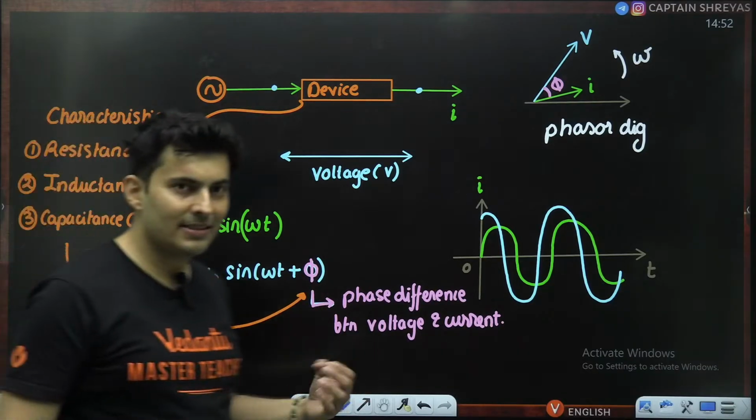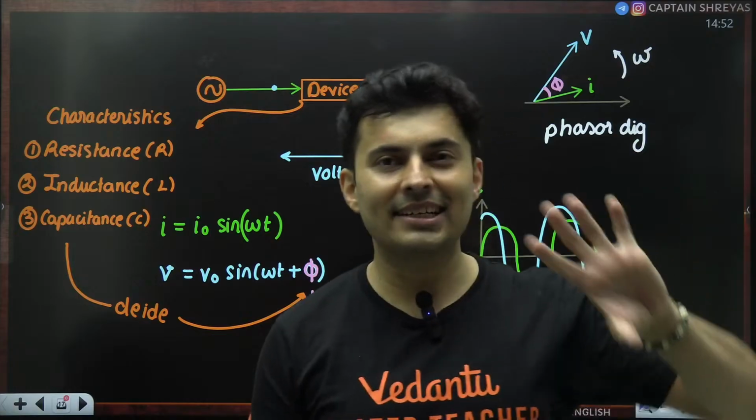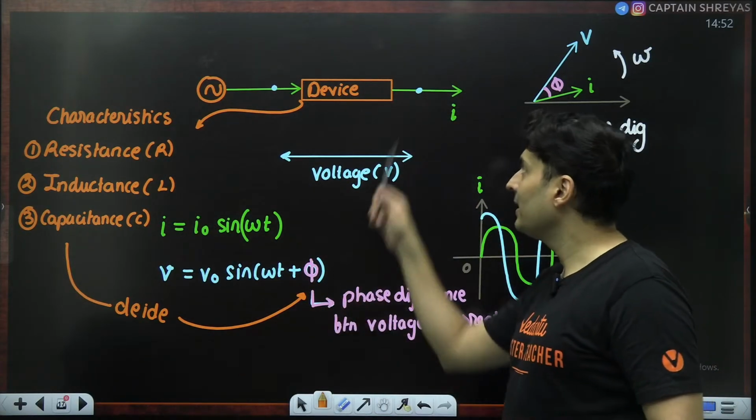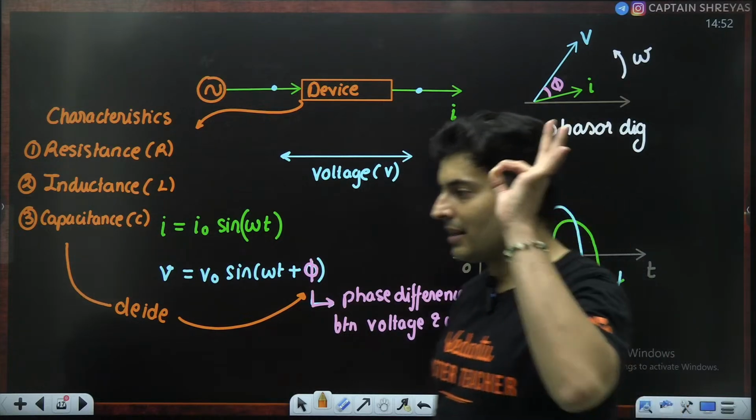How much inductance is there, how much capacitance is there, how much resistance is there, all the three together decide that phase difference. Is this absolutely clear?